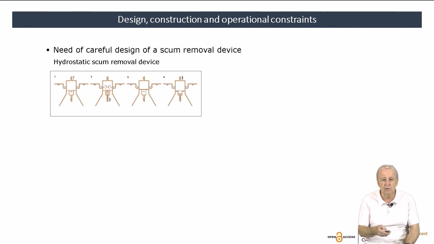And what do we propose? We propose this sort of removal device that we call the hydrostatic scum removal device. It's based on keeping some pressure inside the gas chamber and installing a small channel inside the gas chamber at a level below the water level in the settler compartment. So it works in 4 steps.